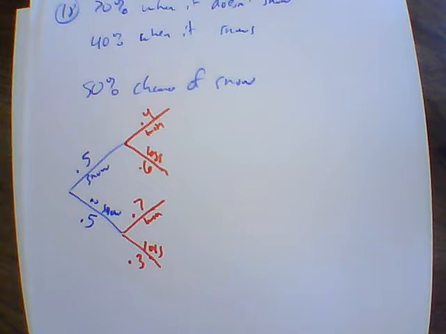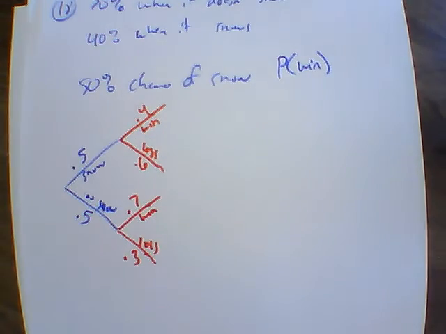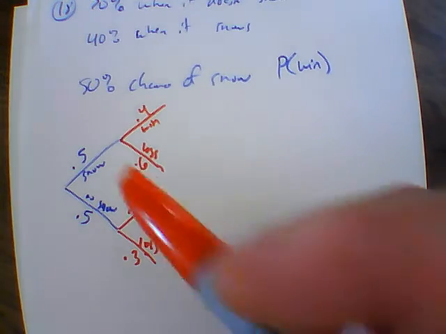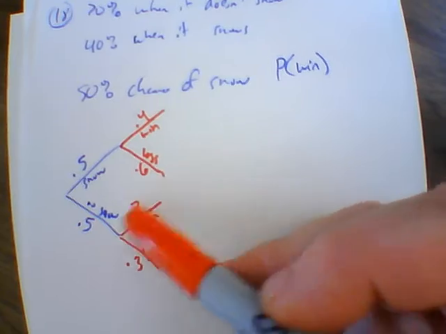Looking at this now, it asks us basically, what's the probability the team would win? So we want the probability of a win. How are we going to win? Well, when do we win? We either win with snow or we win without snow.